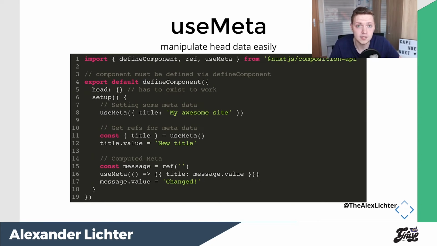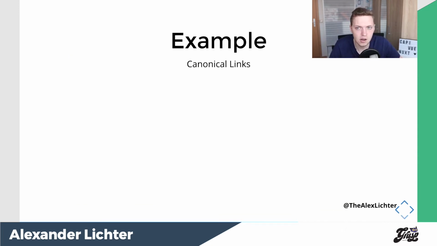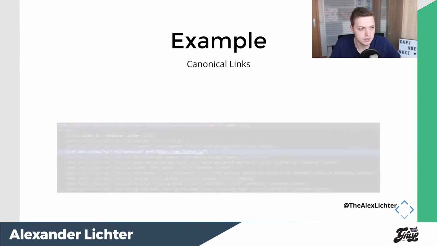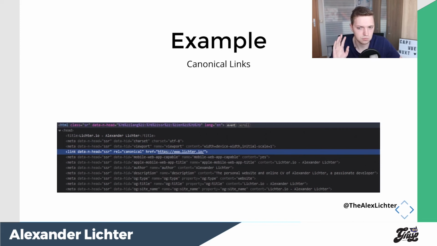Also, global usage is possible. And now let's just build our own composable. Canonical links. Cool topic, SEO. If you don't know what canonical links are, here is a short summary. Ideally, every site should have a canonical link pointing to our own site and to the specific version.